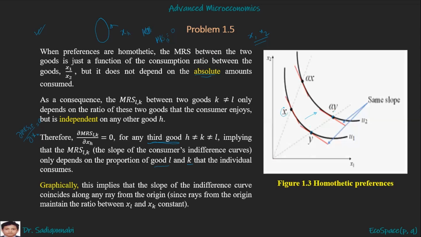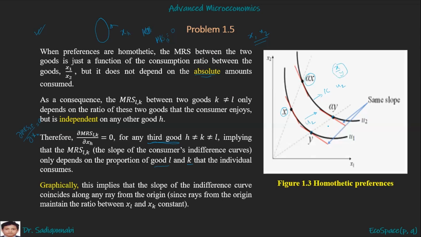Here, good X and good Y. For the upper and lower indifference curves, the ratio increases by the same ratio, X divided by Y. This MRS remains the same for a homothetic function, and this is because the original function is homogeneous.